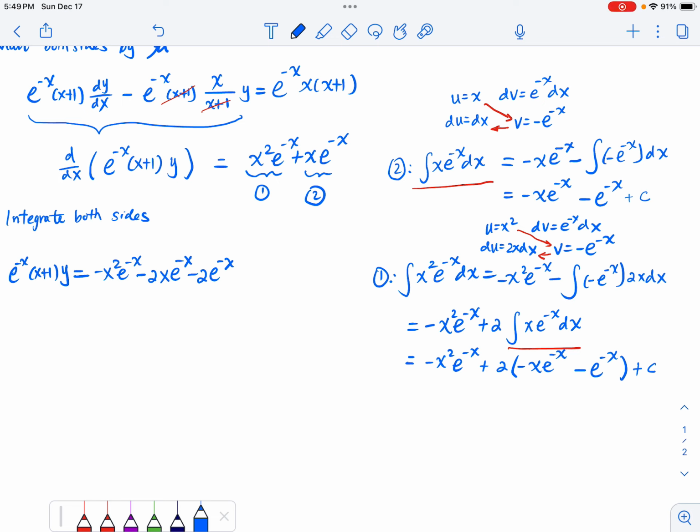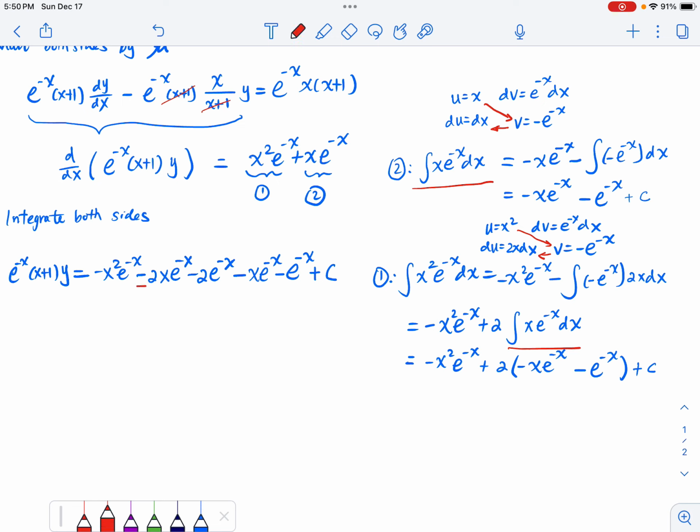I think I copied that right, and I kind of multiplied the 2 inside, plus the antiderivative of this guy, which is here. So plus the negative x e to the negative x, and then minus e to the negative x. And at the end, I just plus c.